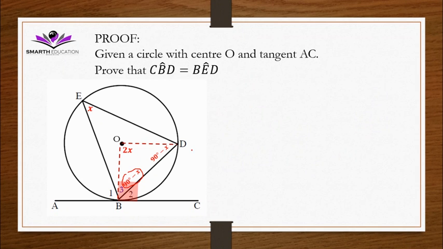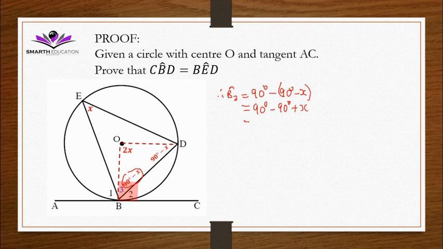Do you see that? So we say, therefore, angle B2 is going to be 90 degrees minus (90 degrees minus x), like this. Then we remove the brackets by distributing the negative. So it's 90 minus 90 plus x.